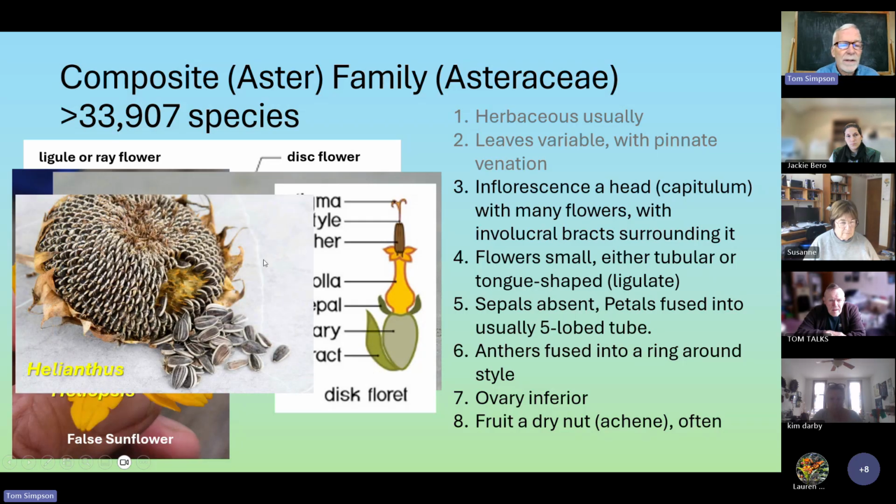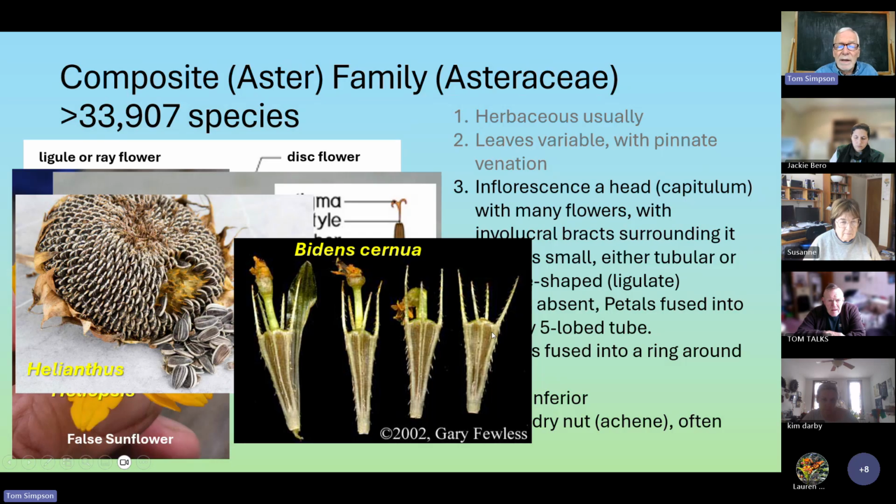The fruit of all of the aster family are achenes, or little nuts, or nutlets, sometimes big in the case of a sunflower that you eat, sometimes much smaller, like the little triangular ones. If you walk in wetlands, you have this genus of plants called Bidens, sometimes called Spanish needles.